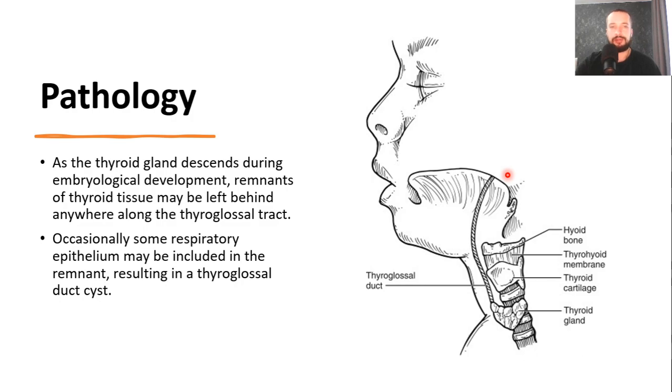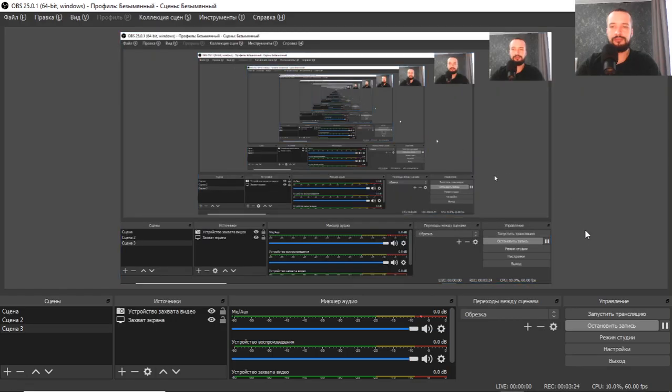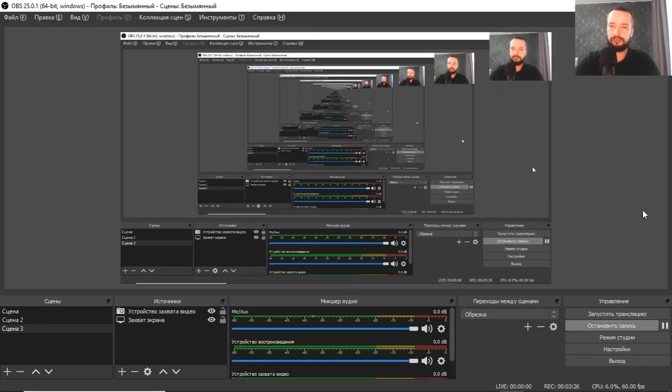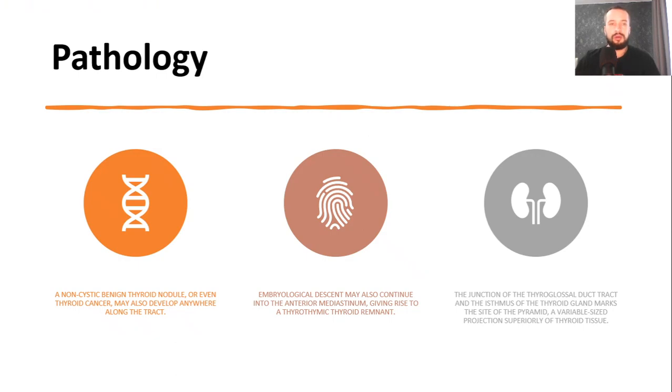As the thyroid gland descends during embryological development, remnants of thyroid tissue may be left behind anywhere along the thyroglossal tract. Occasionally, some respiratory epithelium may be included in the remnant, resulting in a thyroglossal duct cyst. A non-cystic benign thyroid nodule or even thyroid cancer may also develop anywhere along the tract.